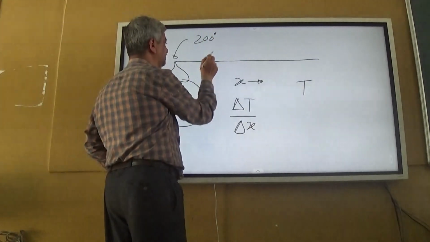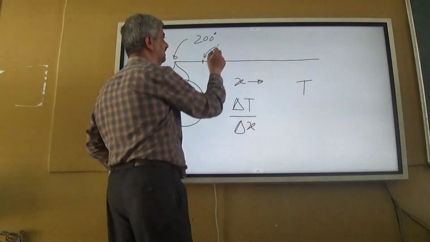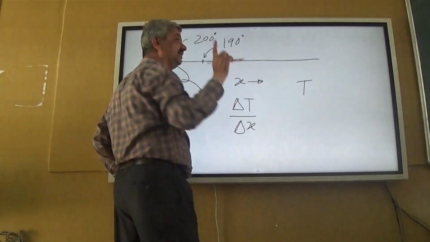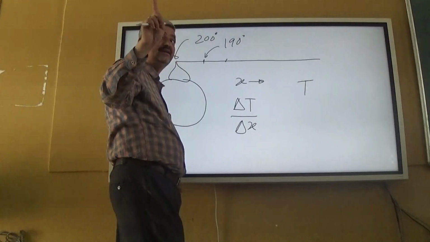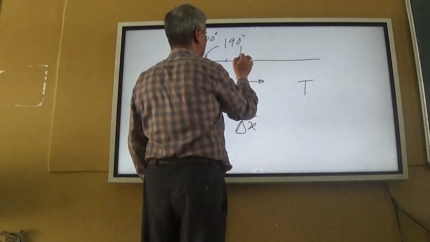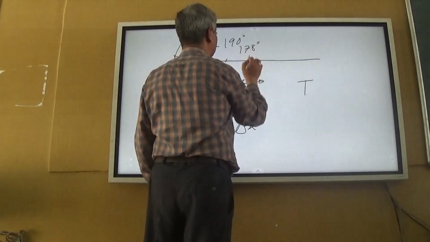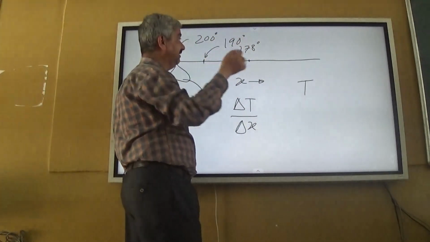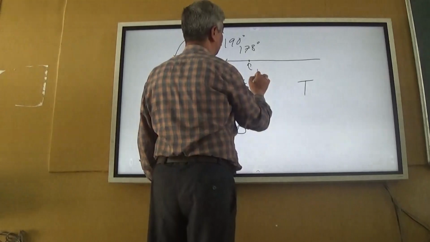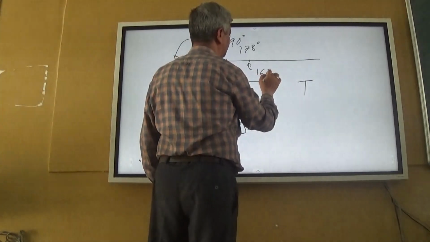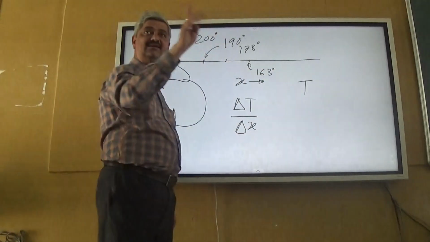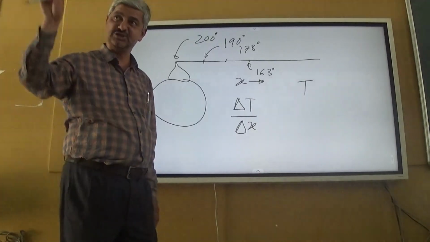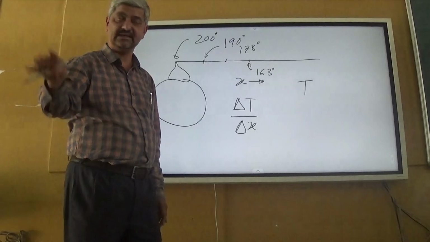At 1 centimeter it may be 190 degrees. At 2 centimeter it need not be 180, it may be 178 degrees. At 3 centimeter it will be 163 degrees, like that. Are you getting me? So it is not linear. Temperature is dropping but not linearly.